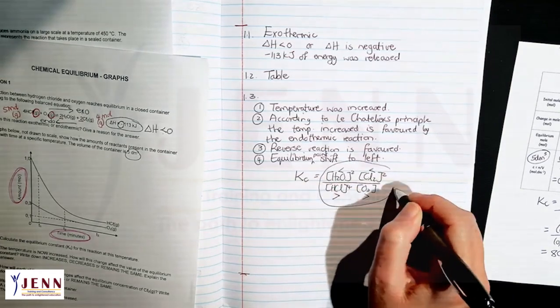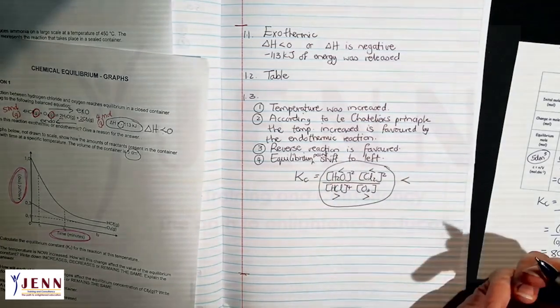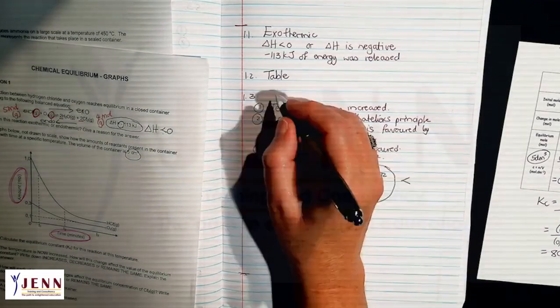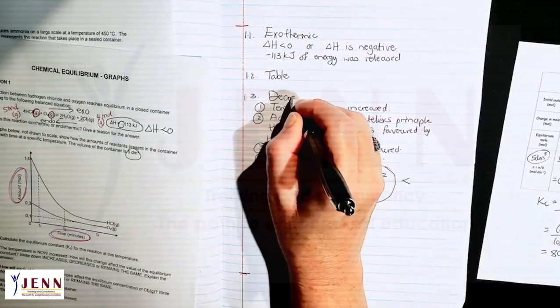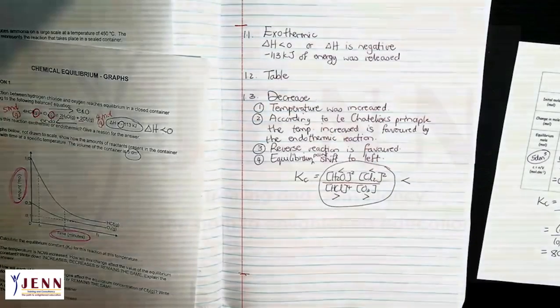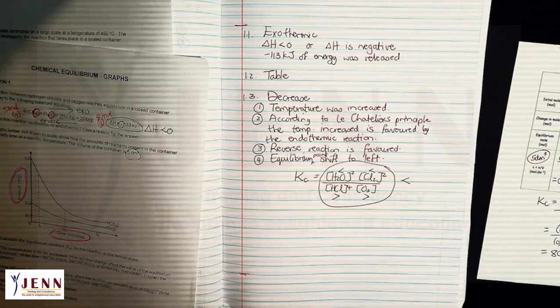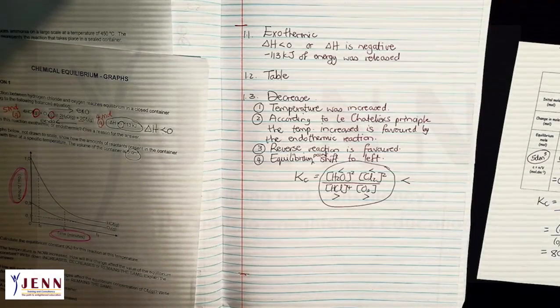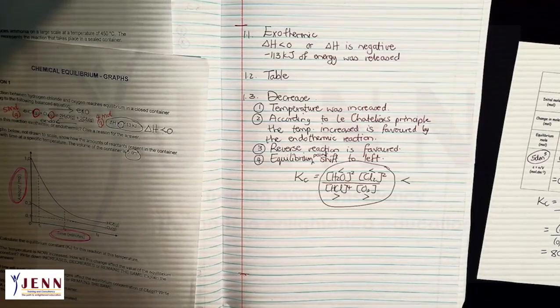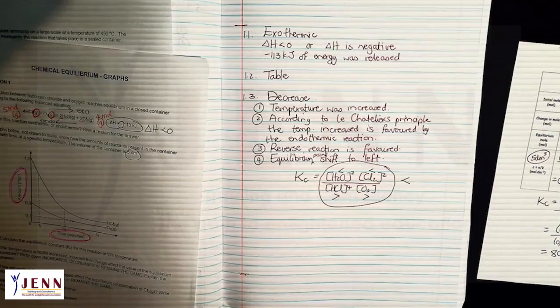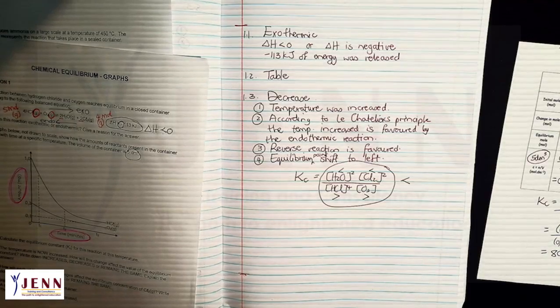So the total answer there is decreased. So now I must just write my answer at the top, and that will be decrease. Okay, and there's your whole explanation on doing the Kc value. Kc is temperature dependent. So every time, anything that you have to explain here, you must use Le Chatelier's principle.